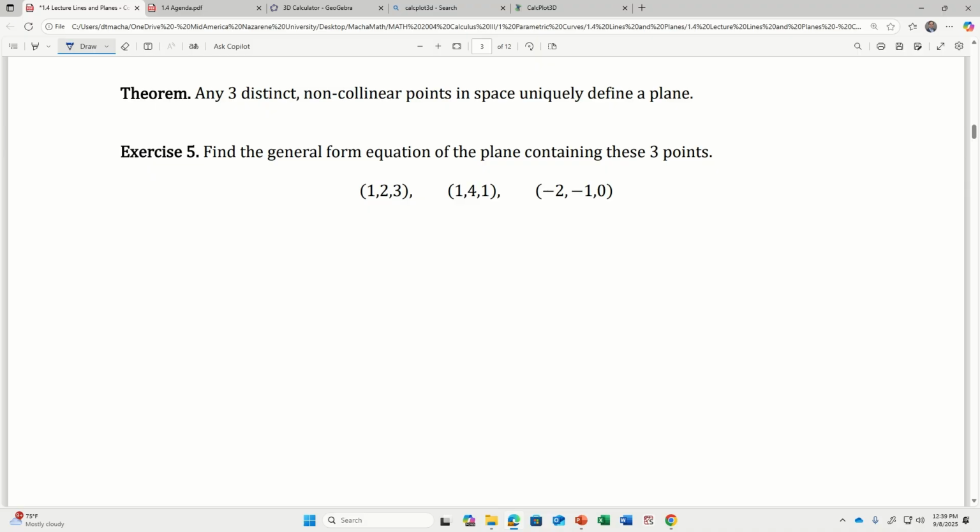So now let's find the general form of equation of the plane containing these 3 points. How do I do that? How do I find an equation for a plane that contains all 3 of these points?